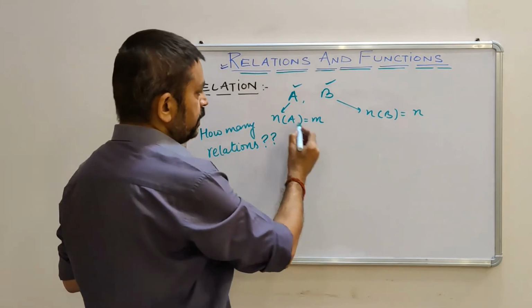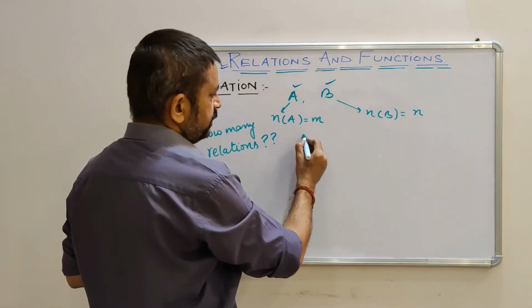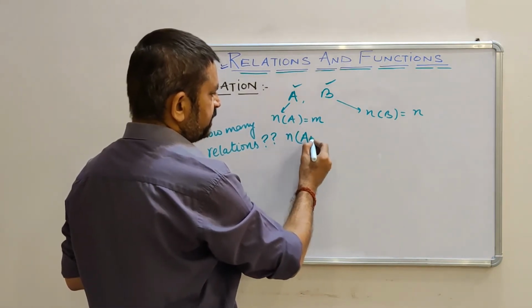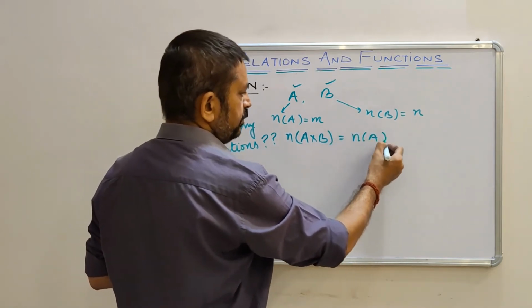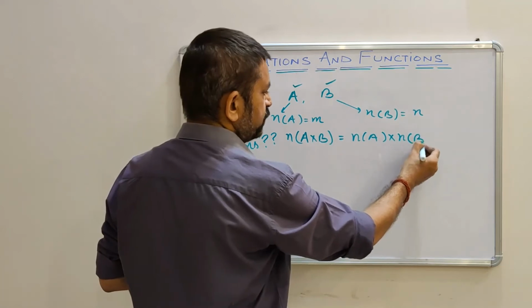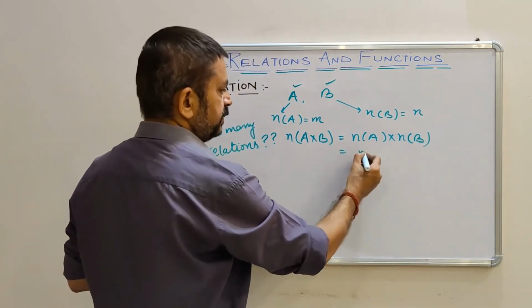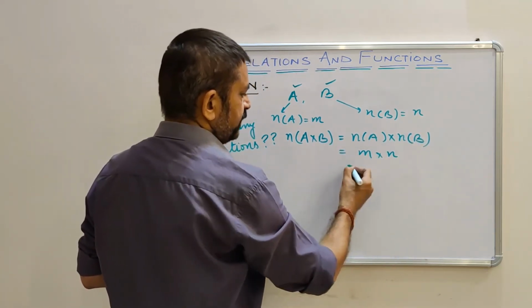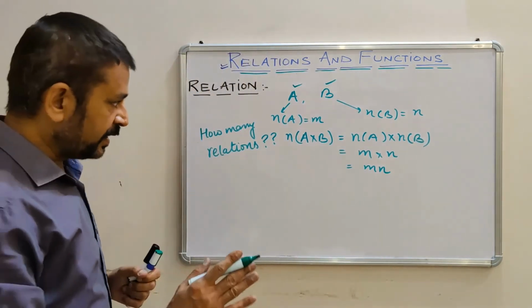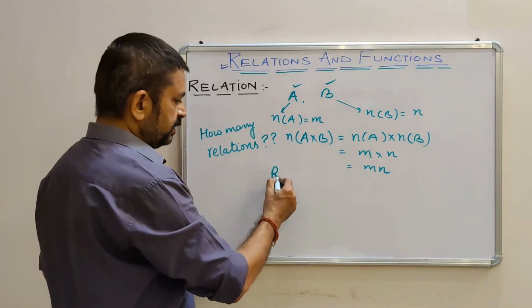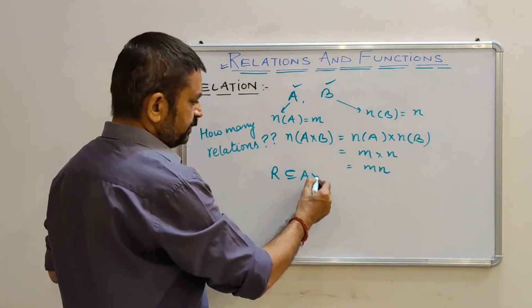We know that the number of elements in A cross B will be number of elements in A into number of elements in B. That is m into n, or we can say mn. And a relation R is a subset of A cross B.